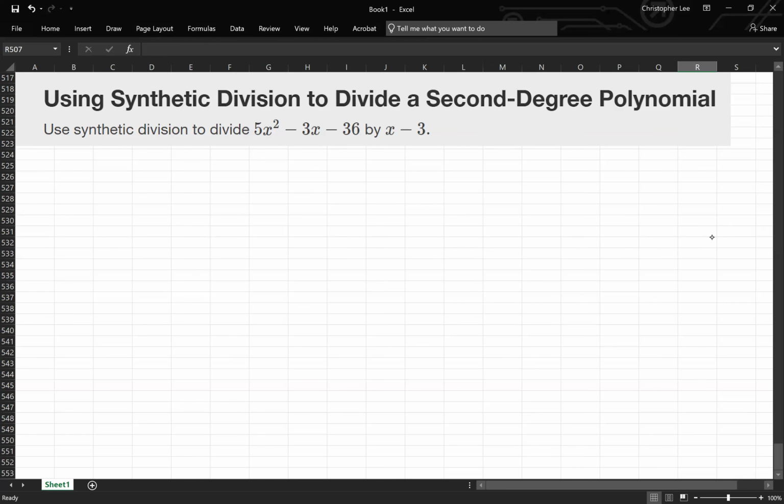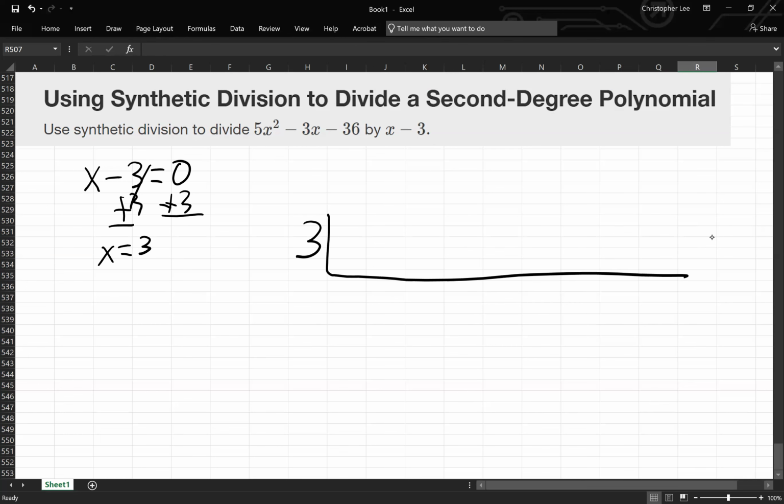Let's look at this now. x minus 3 equals 0. Add 3 over here, add 3 over here. x equals 3. 3 will be your number on the outside. The numbers that we're going to write inside here will be the coefficients, the numbers in front of the variables.